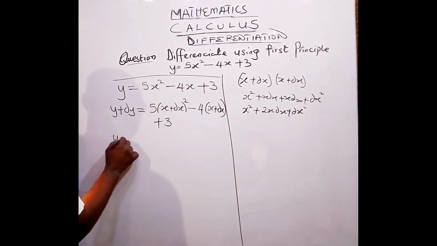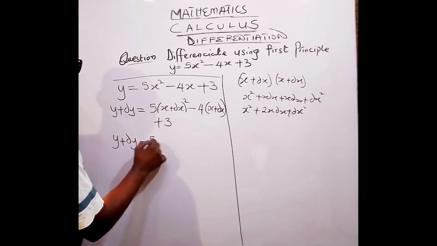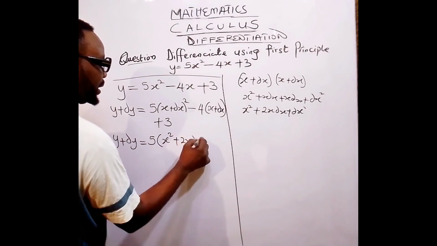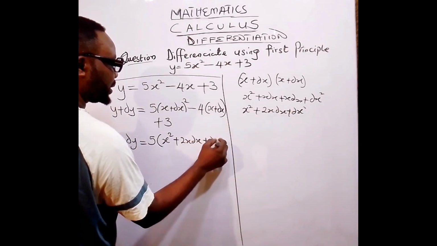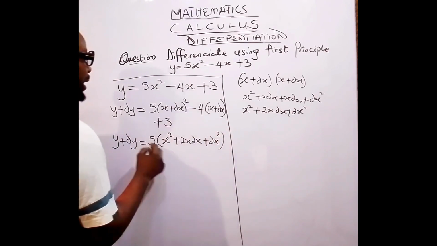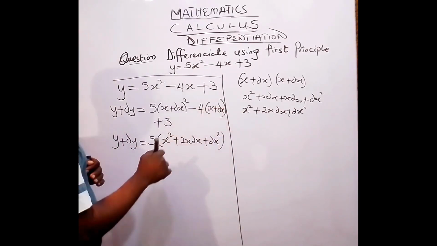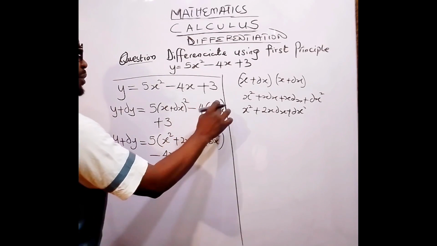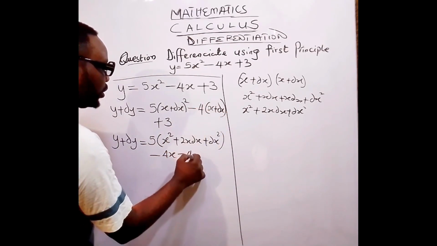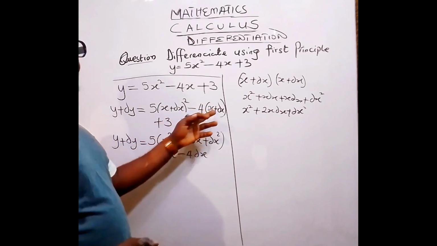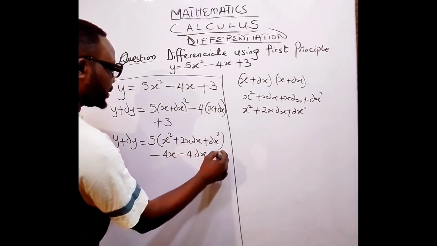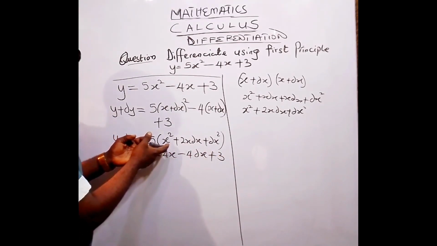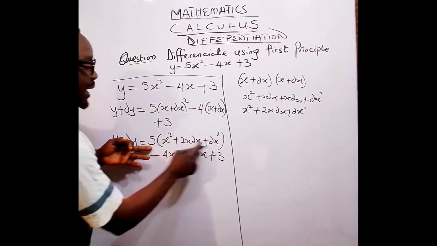We are going to have y plus delta y equal to 5 into bracket x squared plus 2x delta x plus delta x squared, close the bracket, minus 4 times x, that's minus 4x. Minus 4 multiplied by plus delta x is minus 4 delta x, because minus times plus is minus, then plus 3. This is still inside the bracket, so I use this 5 to multiply all the terms inside.